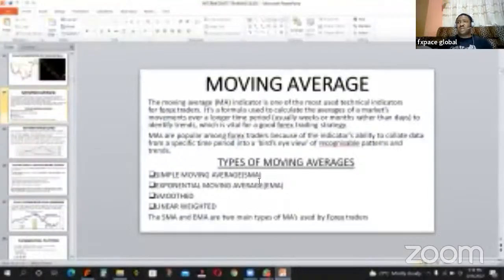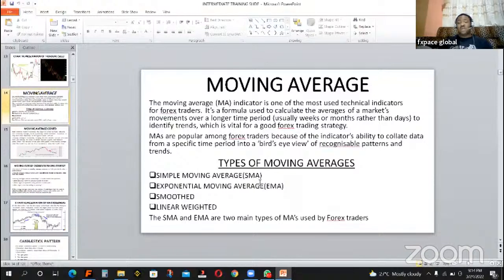The simple average we learned in school. 5 plus 3 is 8, divided by 2, since there are just 2, and you have 4. So 4 is the average of 5 and 3.